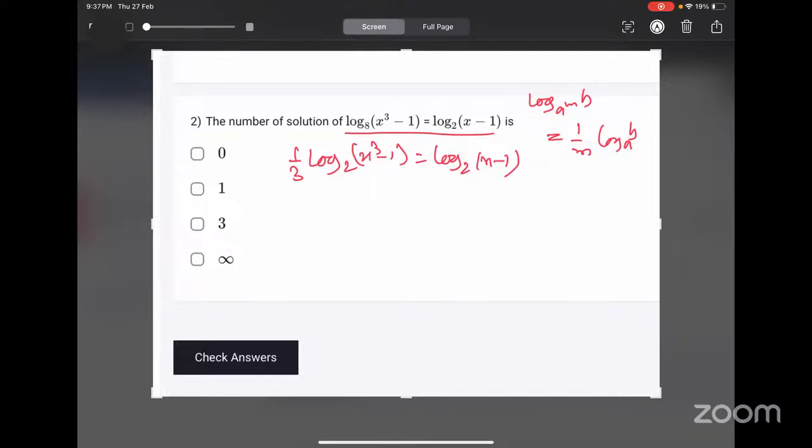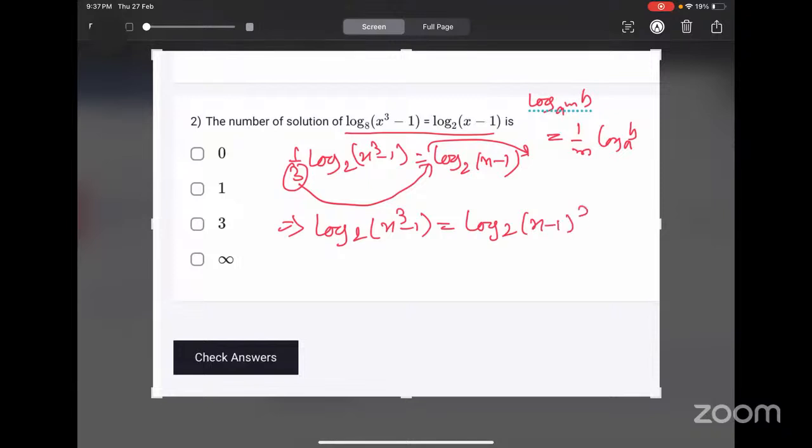This 3 we can take here. So this will be log 2 (x cube minus 1) equals log 2 (x minus 1) whole cube, right? Then we can cancel the log. So we will get x cube minus 1 equals (x minus 1) whole cube. Now solve the equation and let me know the root of the equation.